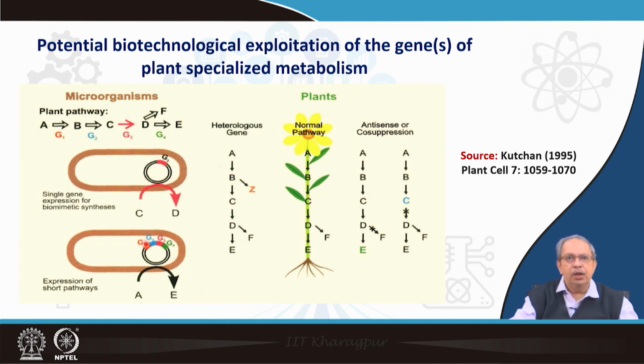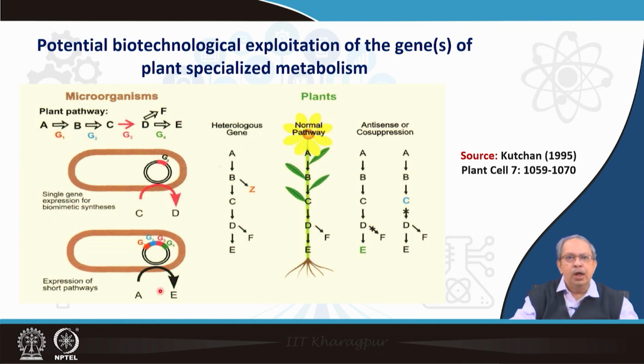Like here it is showing G1, G2, G3, G4, and of course, the plant genes can be transferred into the microorganism with the use of an appropriate promoter, and the genes will be expressed, but that will not produce the product. Why is that? Because the microorganism will not get the substrate to run the plant pathway, like A to make E, because A is very much a plant substrate.